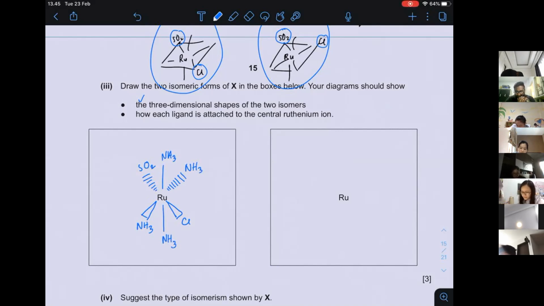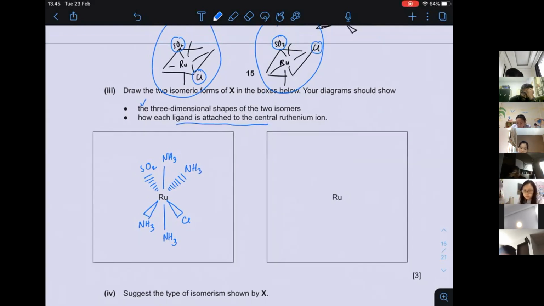And make sure they are connected properly. They want you to make sure that each ligand is attached properly. So if you want a very good mark, I will also suggest to be very careful with the atom that you attach. For example, if you have SO2, I strongly suggest you put S, and show that it is bonded to S. So it's going to be S, then O2 here, so that it shows that it is bonded to sulfur.